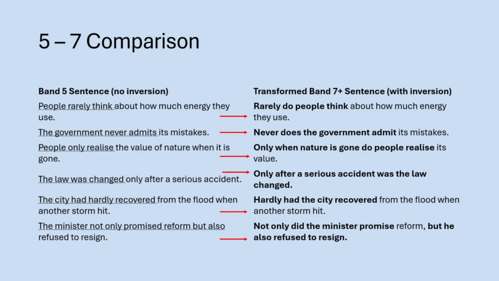Not only did the minister promise reform, but he also refused to resign. And you can see in this last example, not only but also can be used two different ways. So this is inversion. It's quite challenging to use, but because of that, if you can use even one sentence correctly, and most importantly to make that main point, it will get you good marks.